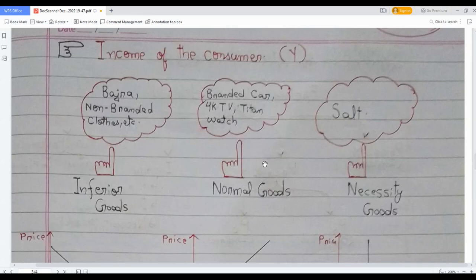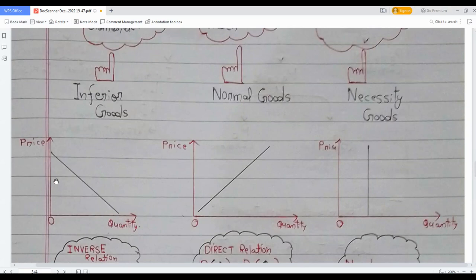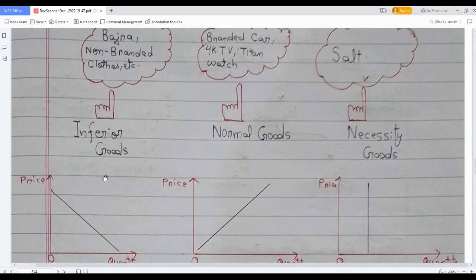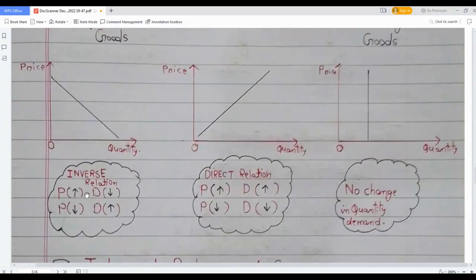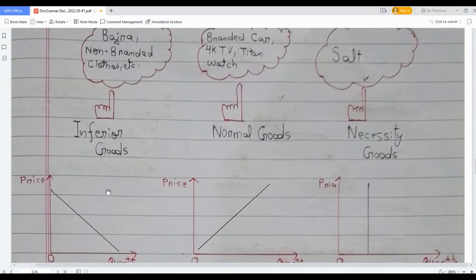Just see. This curve shows the inverse relationship; here the P will be Y, the income. So when the income of the person increases, the demand for these inferior goods decreases in general.